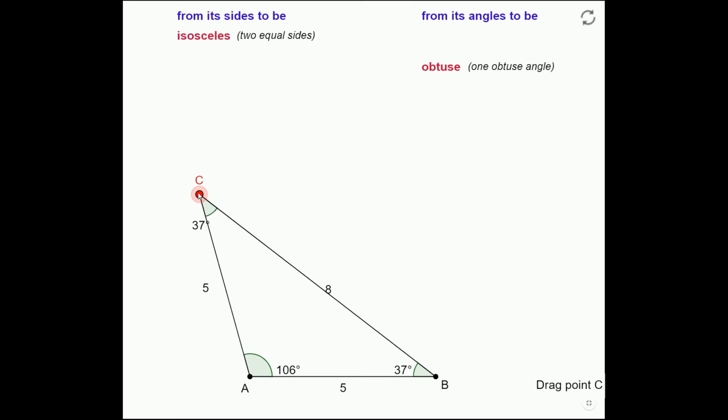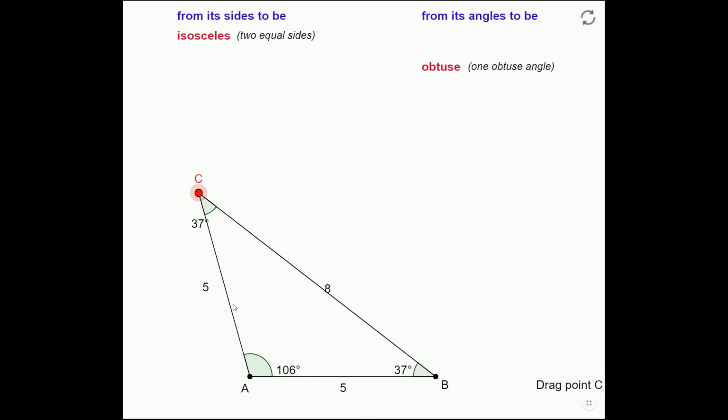Now, in this next triangle ABC, after changing its shape, we notice that the sides AB and AC are equal, and they represent the two legs of this isosceles triangle, and the main vertex here is point A. AC and AB intersect at A. Now, the side opposite to the main vertex A is CB, equal to 8.